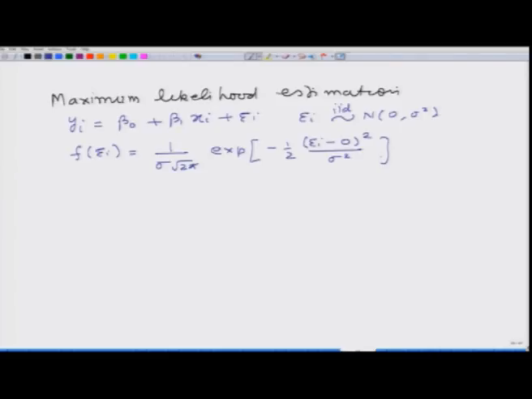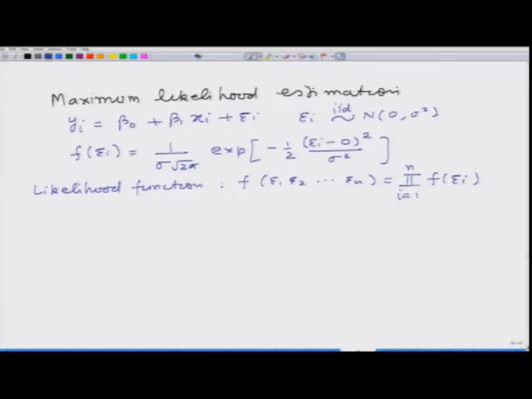Right. Now when I try to write down the likelihood function, it is given by f of epsilon 1, epsilon 2, up to epsilon n. This is the joint probability density function of epsilon 1, epsilon 2 up to epsilon n. Since we have assumed that all epsilon i's are independent, I can write this joint probability density function as a product, i goes from 1 to n, of f of epsilon i.